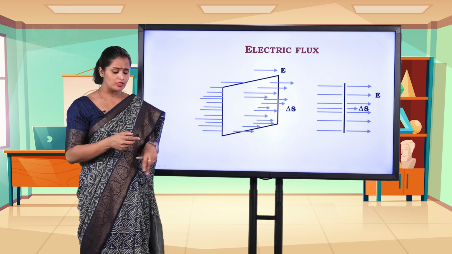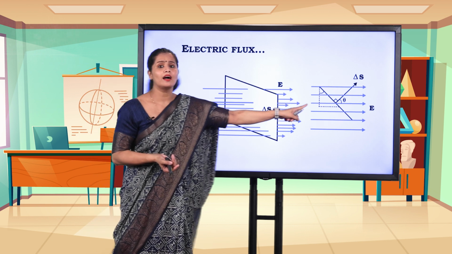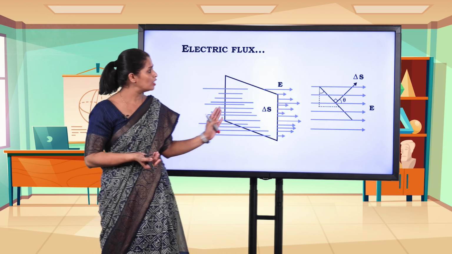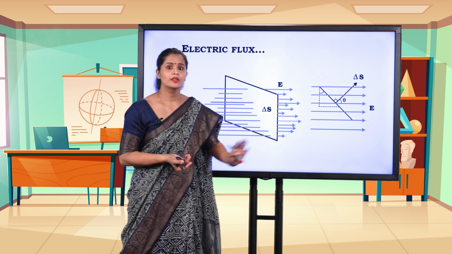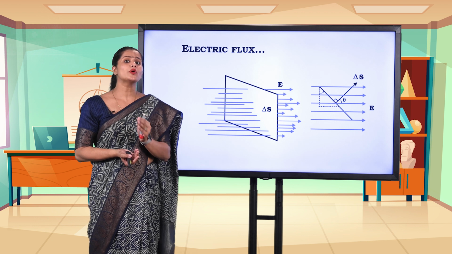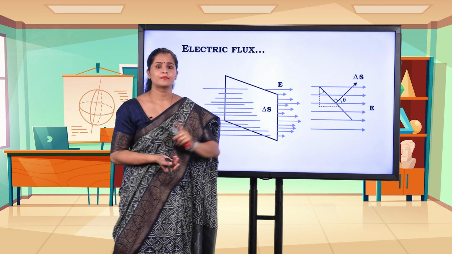Now, suppose we tilt the element by an angle theta. Clearly the number of field lines crossing the area element will be smaller. The projection of the area element normal to E is delta S into cos theta.